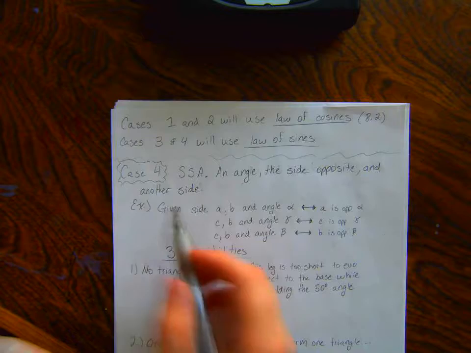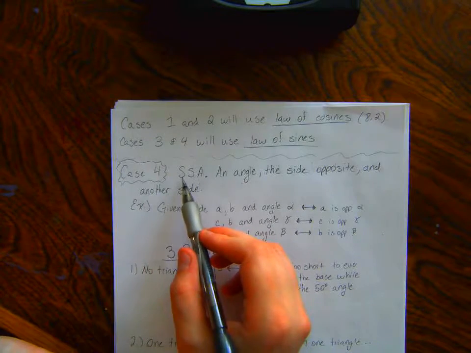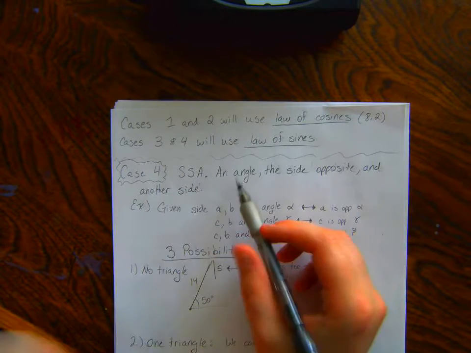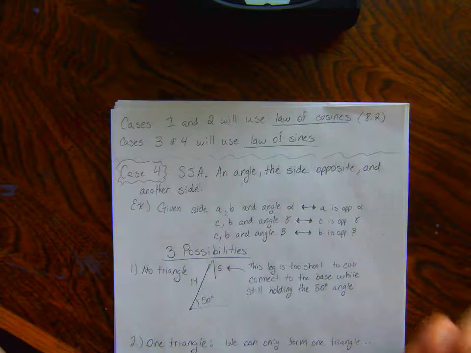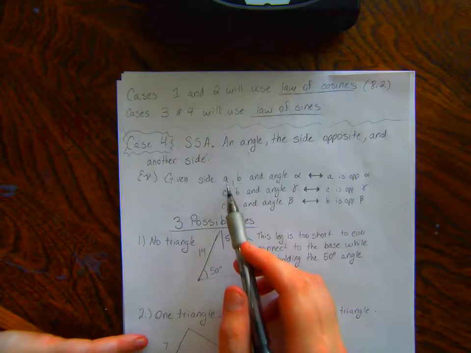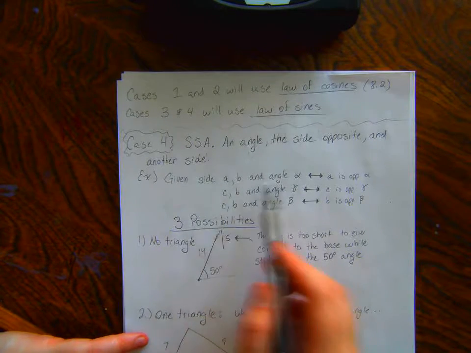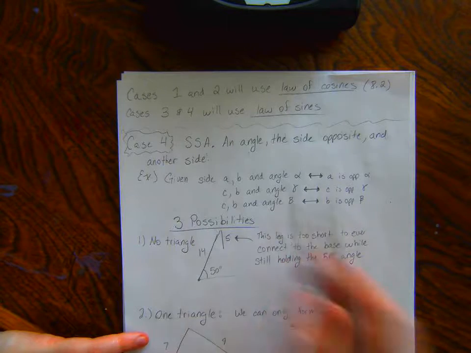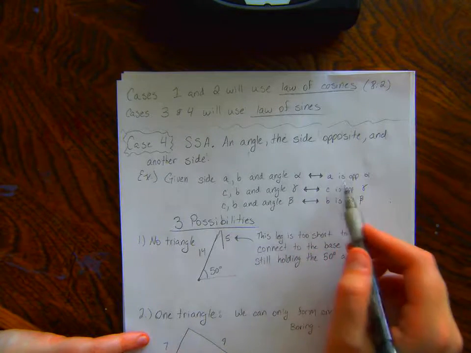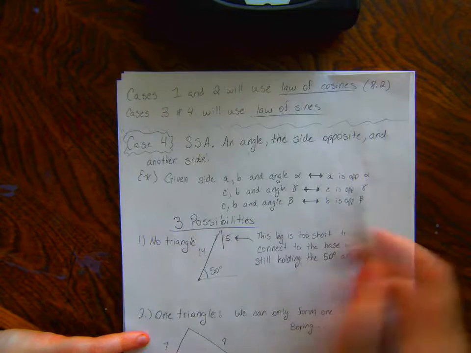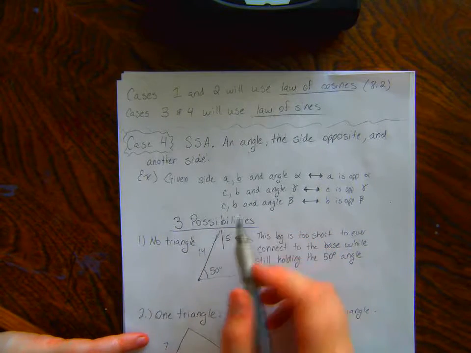Alright, as promised, case 4. Side-side-angle. As I said, this is an angle, the side opposite, and another side. For example, let's say we were given sides a, b, and the angle alpha. That would be a side-side-angle because a is opposite alpha, and then we're given the other side.